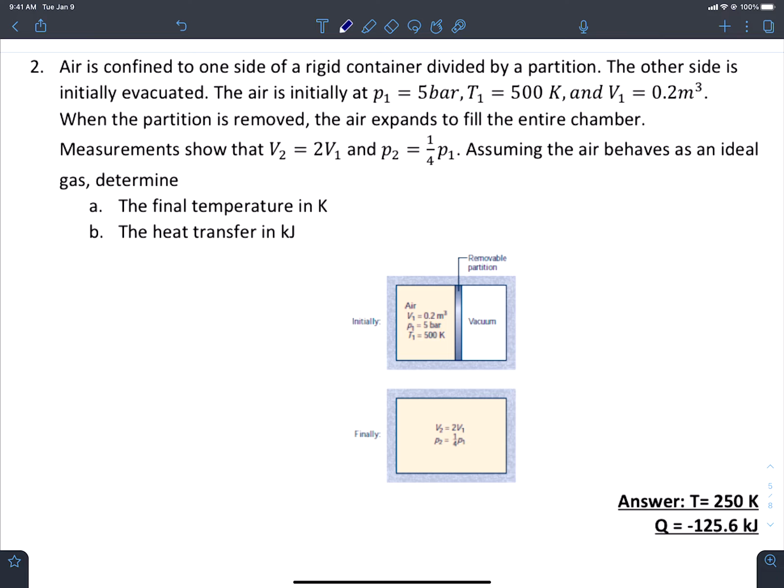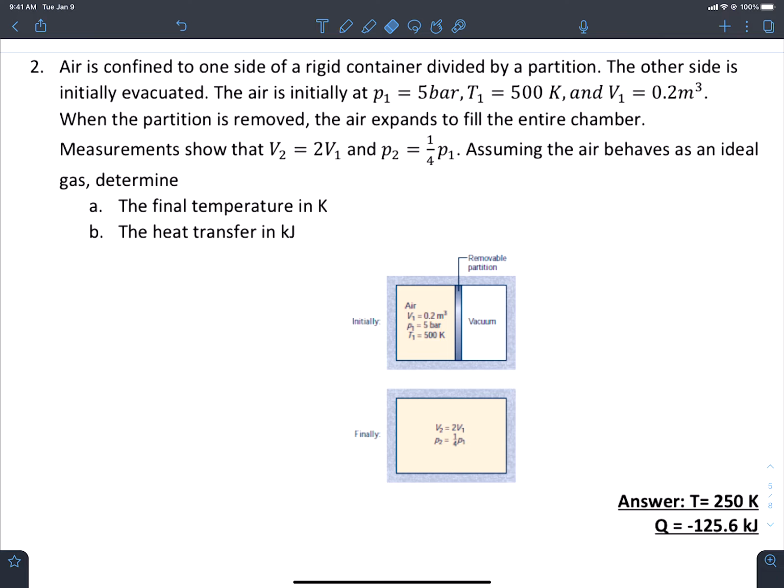So I'm going to give you a few minutes to work on this problem. However, before we start, I just want to preface this specific problem by saying that when the partition is removed, you have to think of state 1 and state 2 as discontinuous. Basically you have a box in a vacuum with air on one side and a vacuum on the other, and you remove a partition.